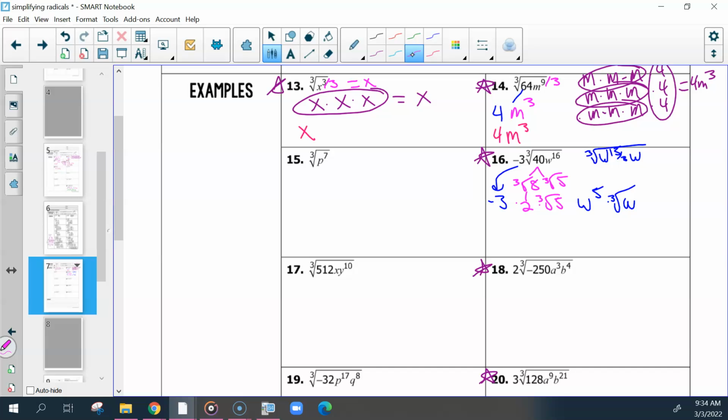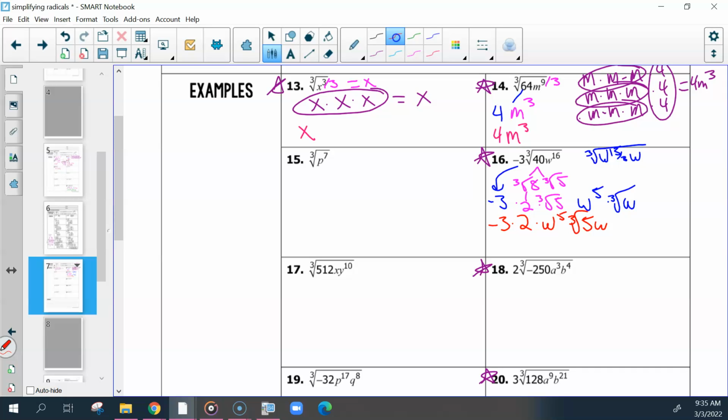So our last thing is to simplify. I'm going to rearrange this. We have negative 3 times 2 times w to the 5th, all on the outside of the cube root, and the cube root of 5w on the inside.